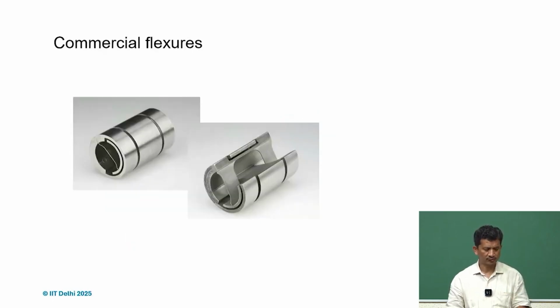So there are also commercial flexures available these days, similar to what I just showed here. But here they can use brazing and all those things. So separately you can put it and braze it, and you can get a metallic piece. These days, one can also use metal 3D printers and can get very good cross flexures.